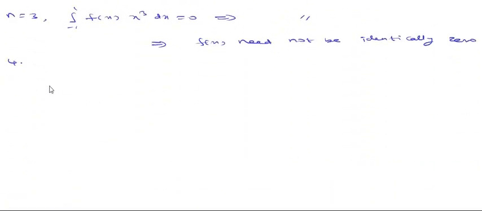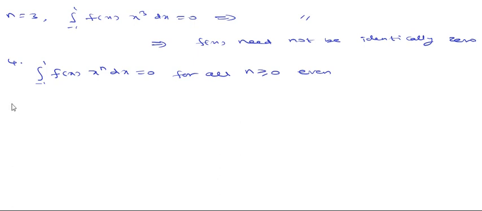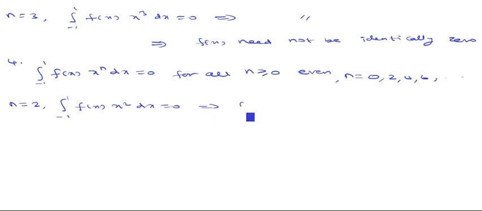Next, option 4: integral from -1 to 1 of f(x) x^n dx equal to 0 for all even n, that is n equal to 0, 2, 4, 6, etc. When n is equal to 2, we get integral of f(x) x squared dx equal to 0, so f(x) is an odd function.